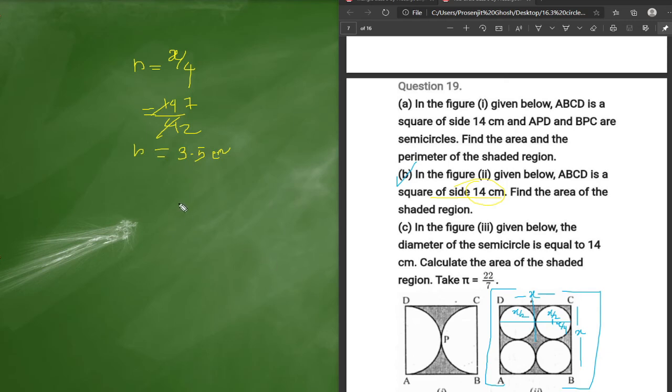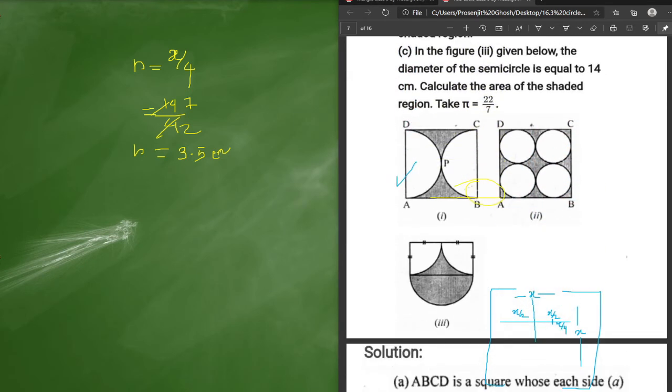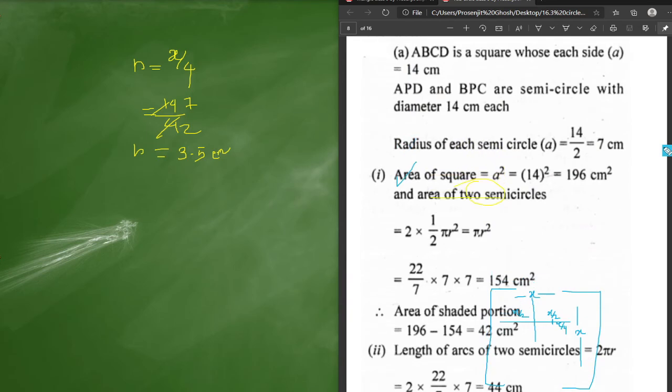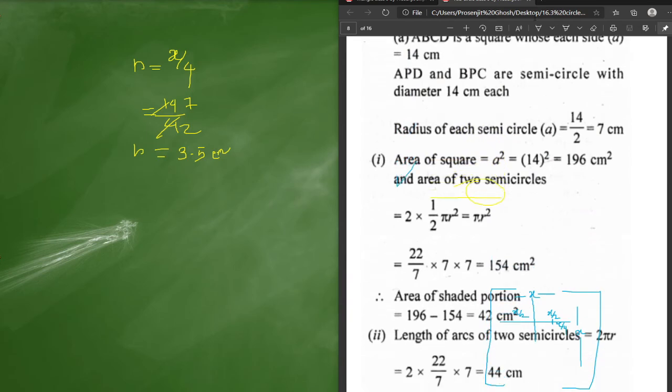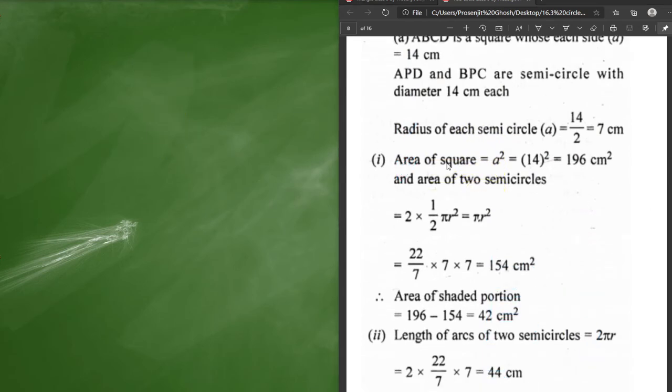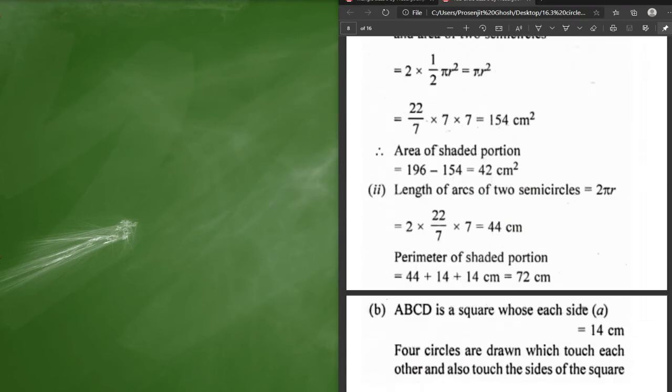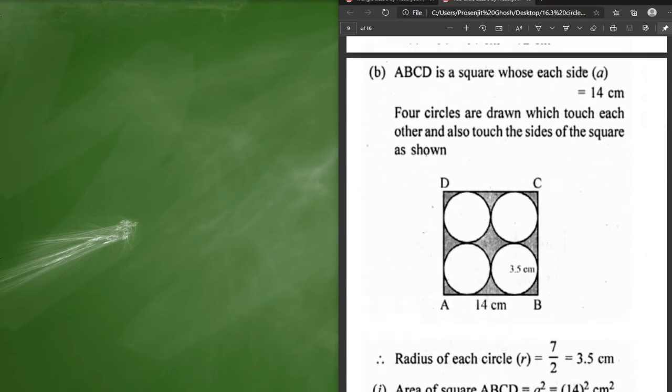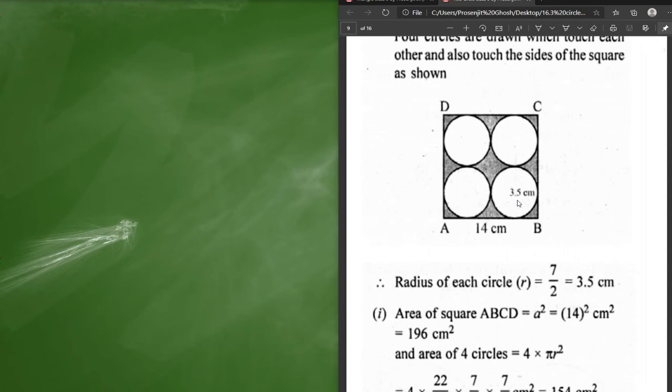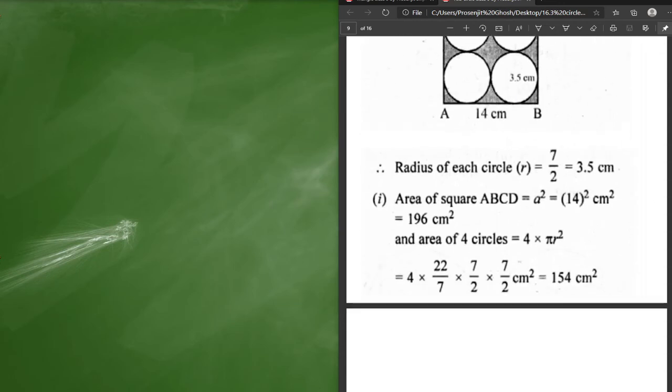First of all, find the area of the whole square. Then find the area of all 4 circles and subtract them from each other. Let me show you once over here. I already did that. As you can see, first of all we need the radius of each circle, that is 3.5.